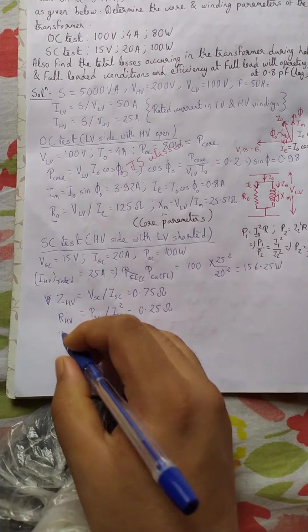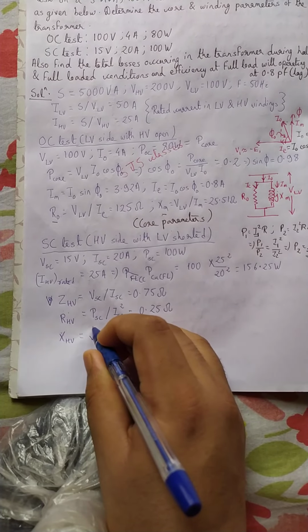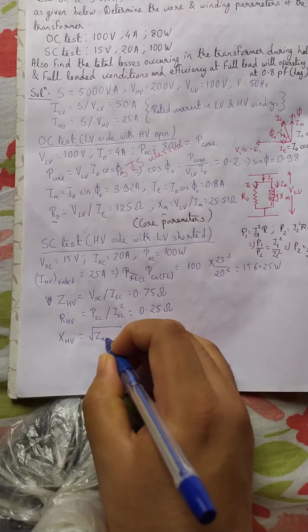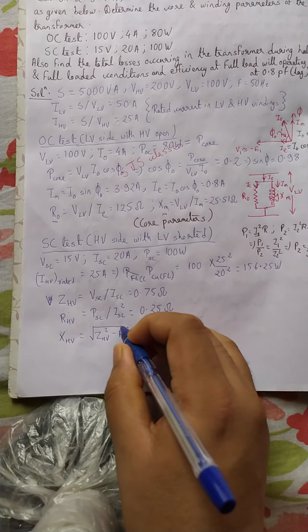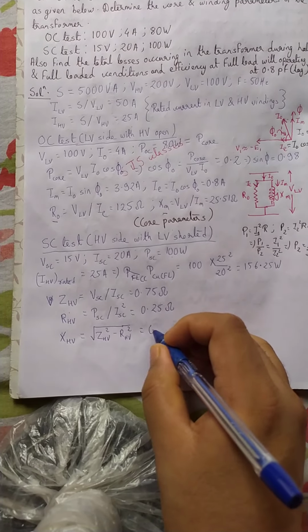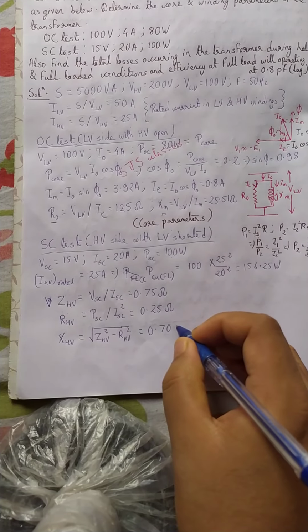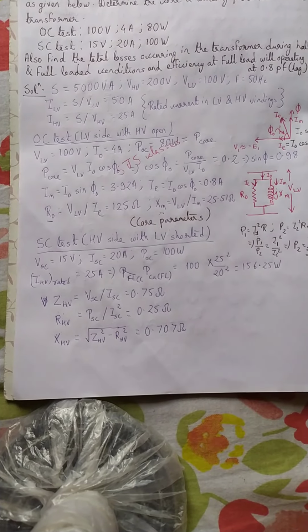Now we know ZHV, we know RHV. From that we can compute XHV. XHV would be nothing but root over ZHV square minus RHV square. So from that we compute it to be 0.707 ohm. Now what are these values?